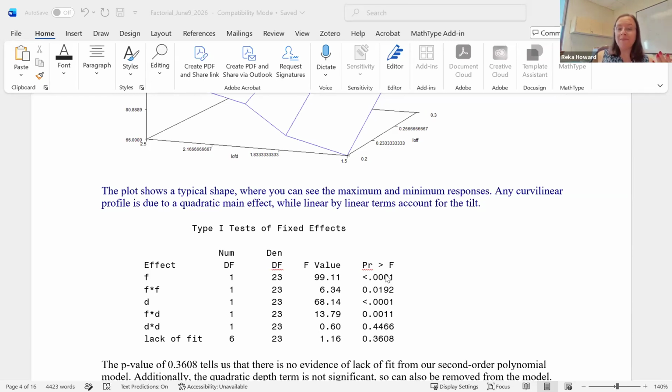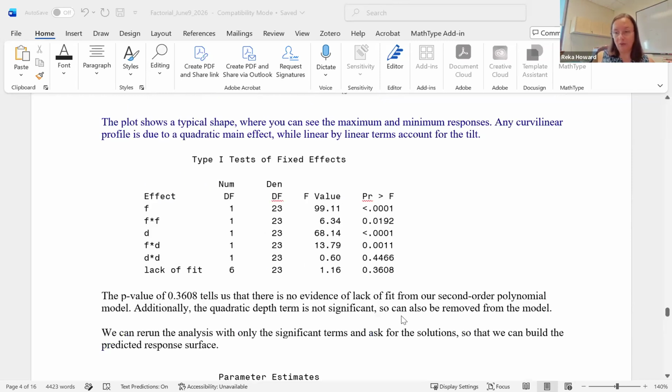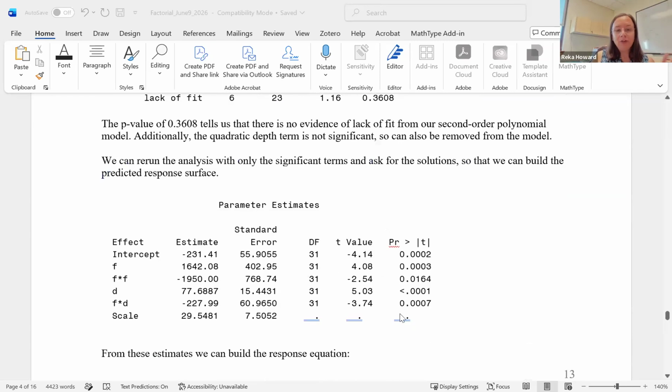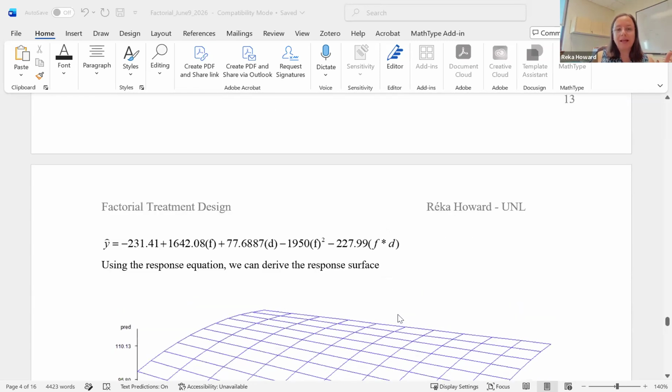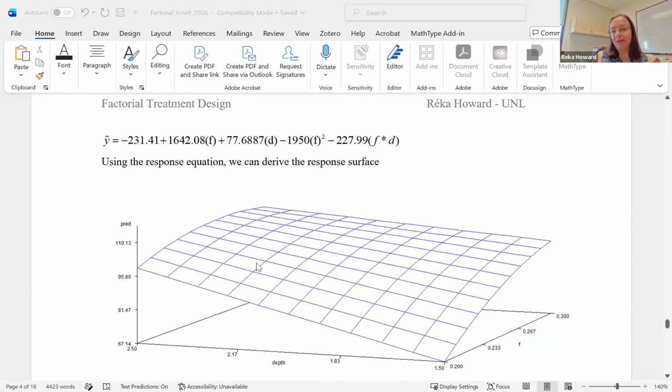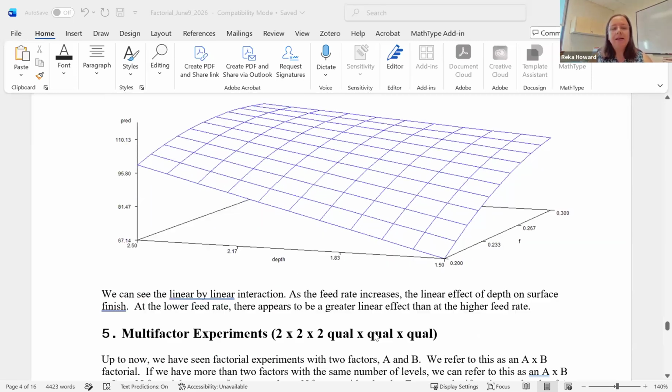So I rerun my model with the significant terms, and that's my final model. These are just outputs, and based on my model fit, this is what I get. And this model actually captures what I was just saying based on the real data. I have curvature, and then I have this tilt, so it's not parallel to my table, so this surface. So I am pretty happy with this.